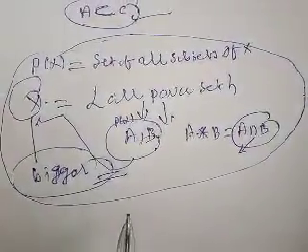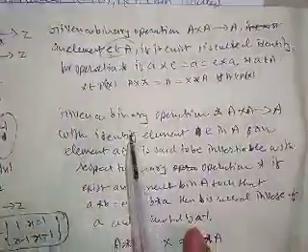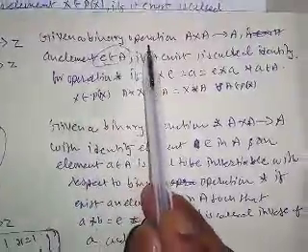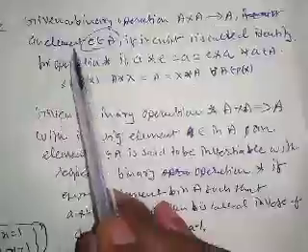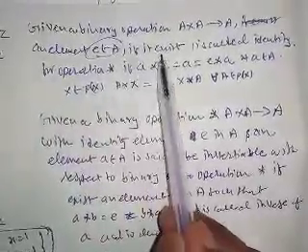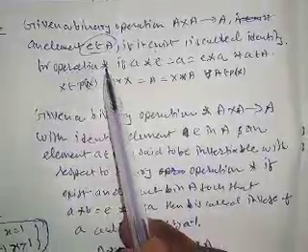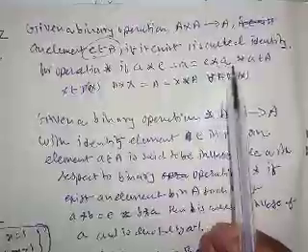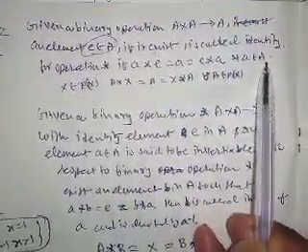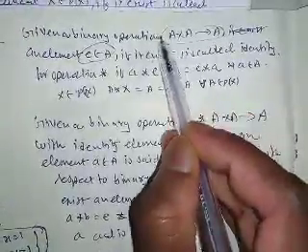For an identity element, can you say what the definition of an identity element is? Yes. Given a binary operation star on A, an element E belongs to A, if it exists, is called an identity for the operation star if A star E is equal to A is equal to E star A for every A belonging to A. But what is given here?